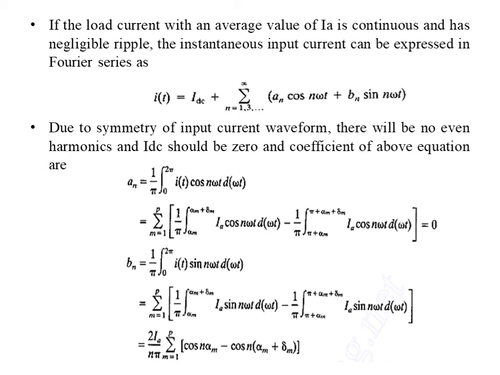Thus, by substituting the values of an and bn in the equation of current i(t), since an is equal to 0, only the value of bn will be substituted.